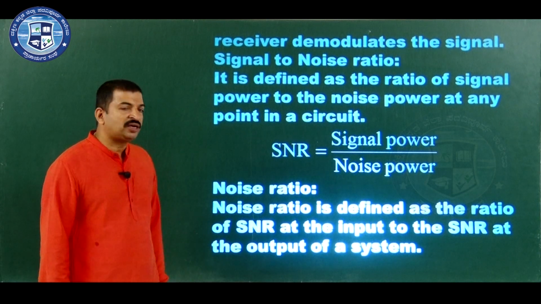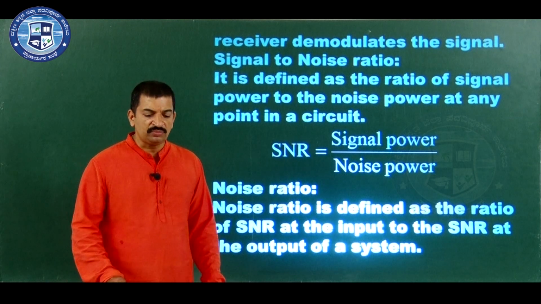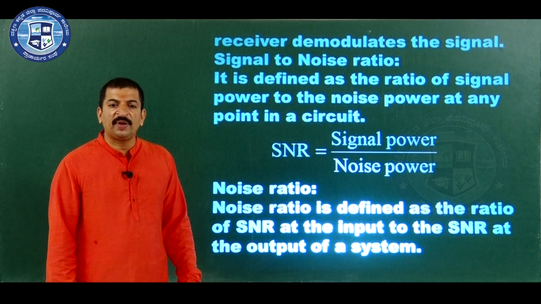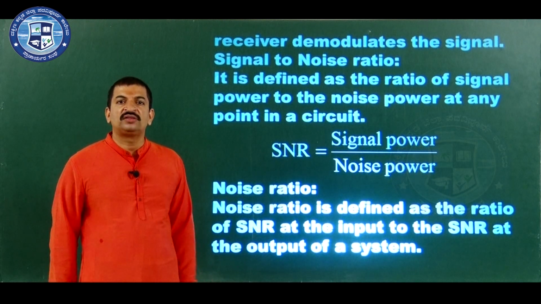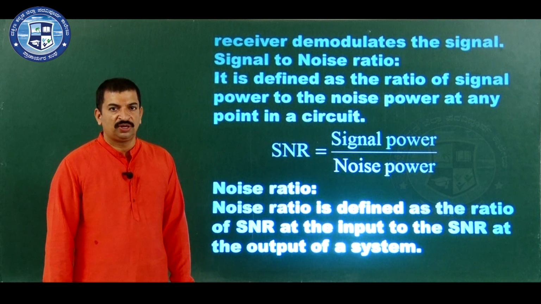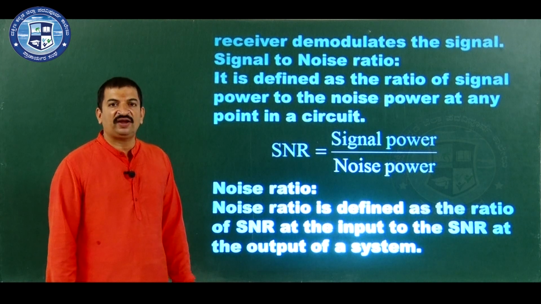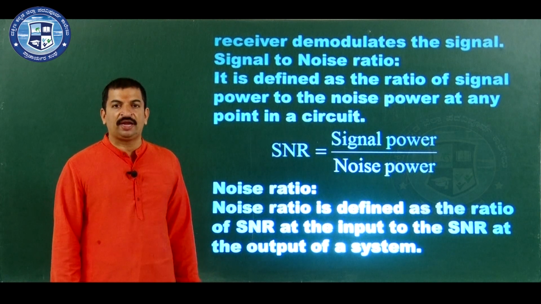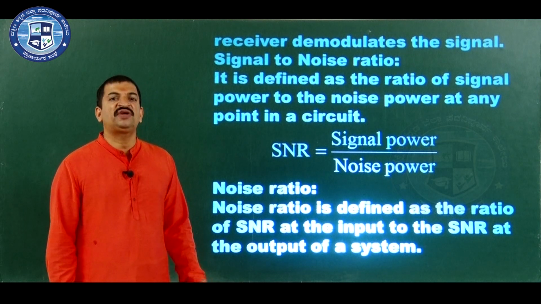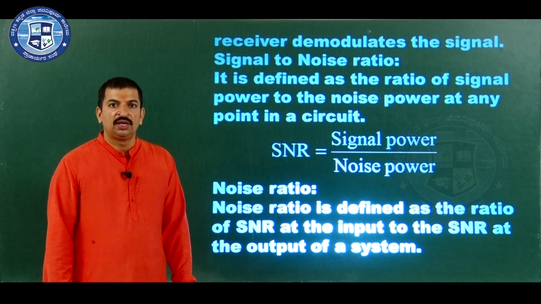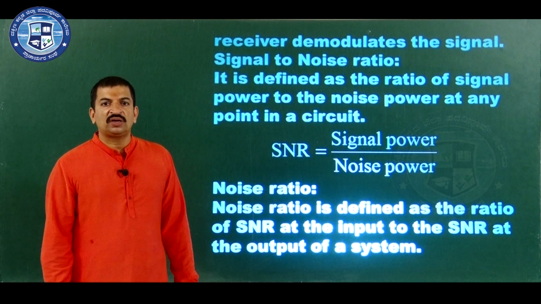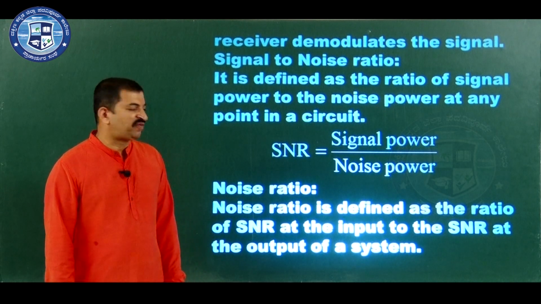The next parameter is the noise ratio. The noise ratio is used to compare the performance of different receivers. Now, noise ratio is defined as the ratio of signal to noise ratio at the input of the receiver or amplifier to the signal to noise ratio at the output of the receiver or amplifier.